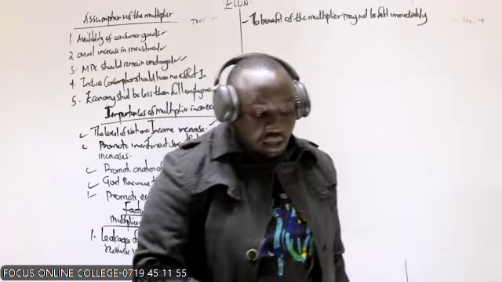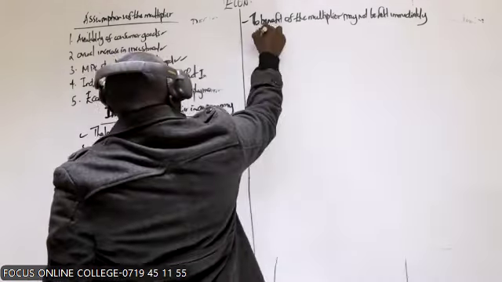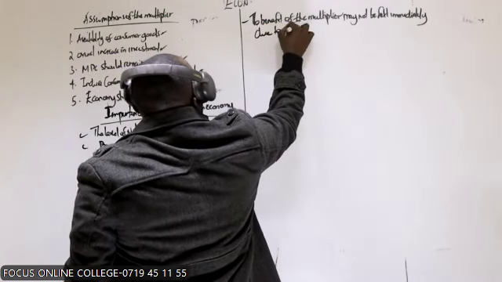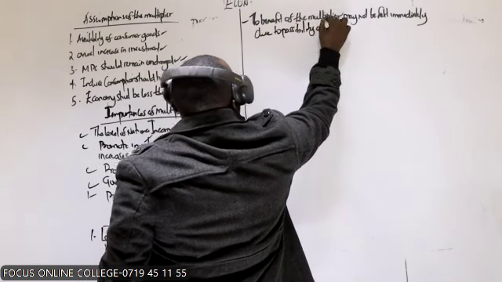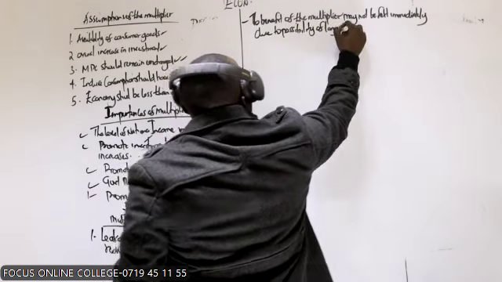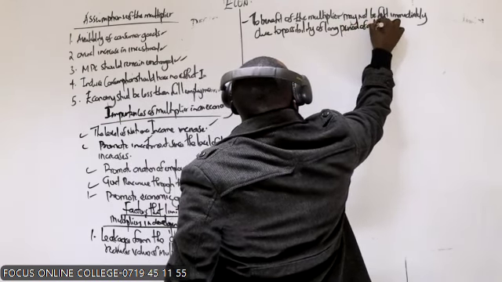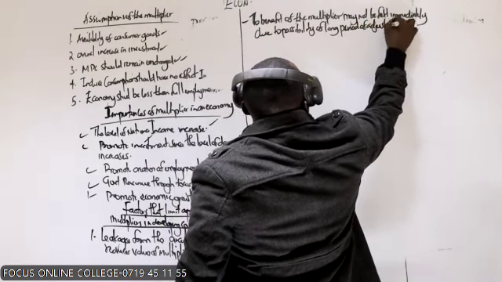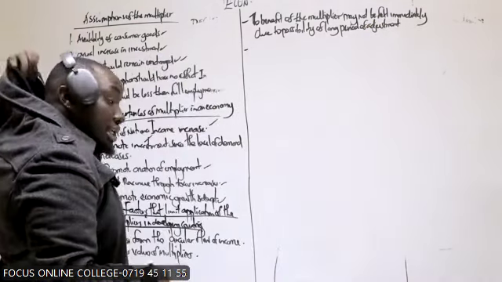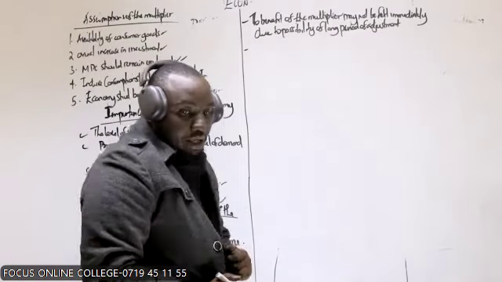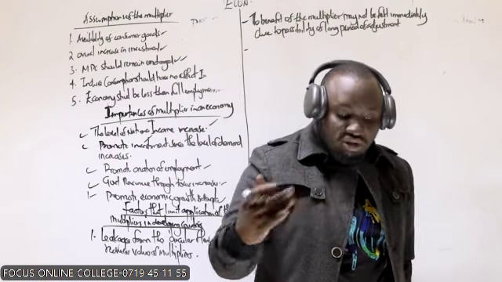The second limitation: the benefit of the multiplier may not be felt immediately due to the possibility of a long period of adjustment.